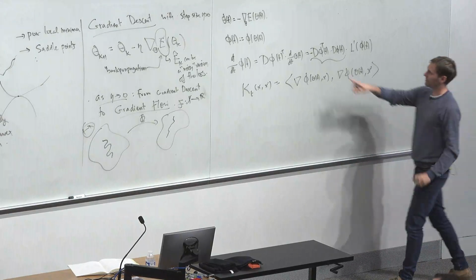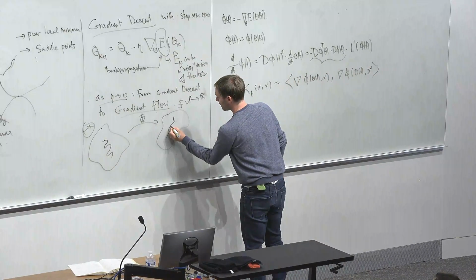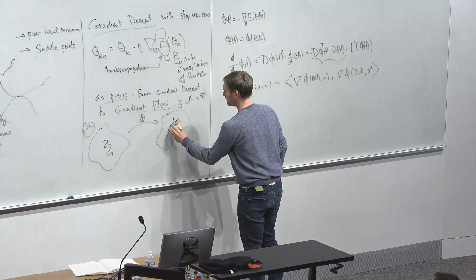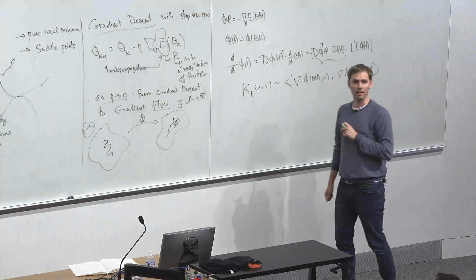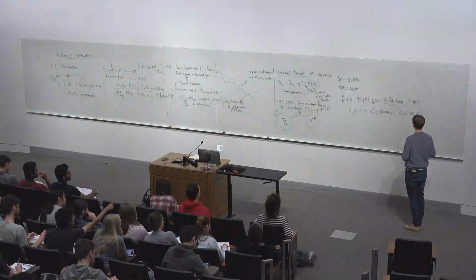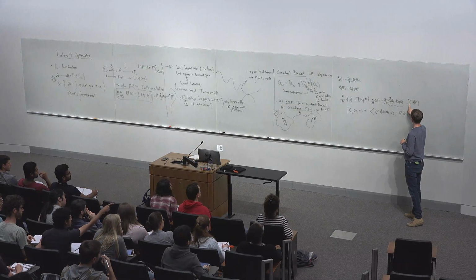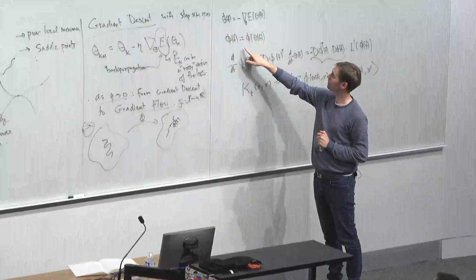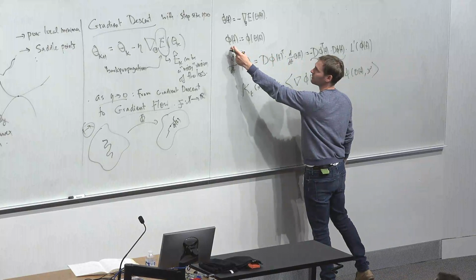So what is this thing telling me? At every point in time I'm at a location phi of t, so I have a function that is phi at time t. Those two points are different, x and x prime? No, the previous line: the d phi transpose and the d phi, those are different phis, right? No, they're the same. But you define phi of t as phi of theta t. Sorry, yes, this is just basically the function at time t.